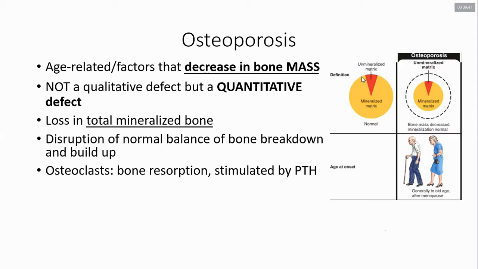So it is this yellow portion, the mineralized matrix, that is affected. The mechanism is basically an imbalance between bone breakdown and bone formation. If bone breakdown exceeds bone formation, then naturally you will have reduced bone mass. That's the basic pathology there, and the cells responsible are osteoclasts.